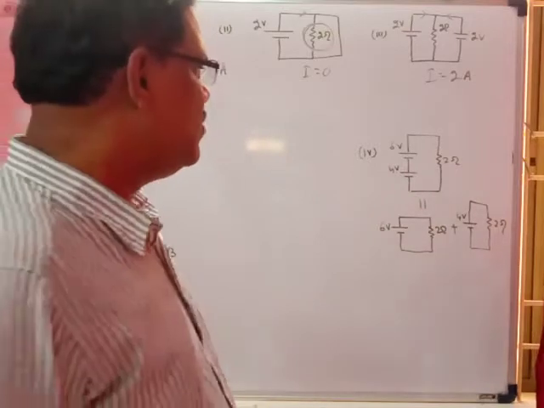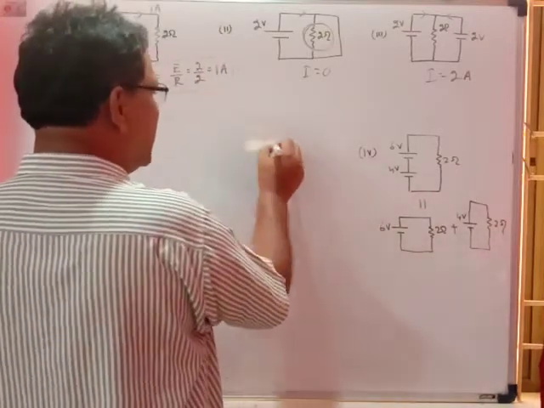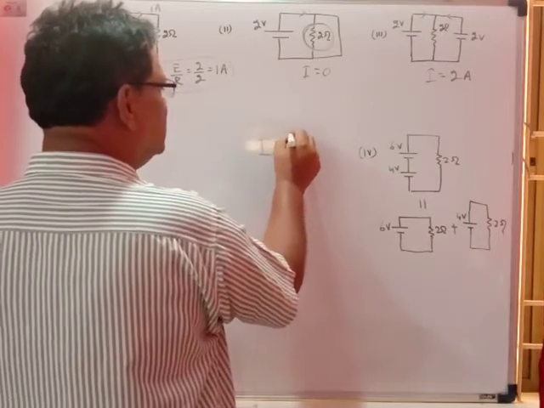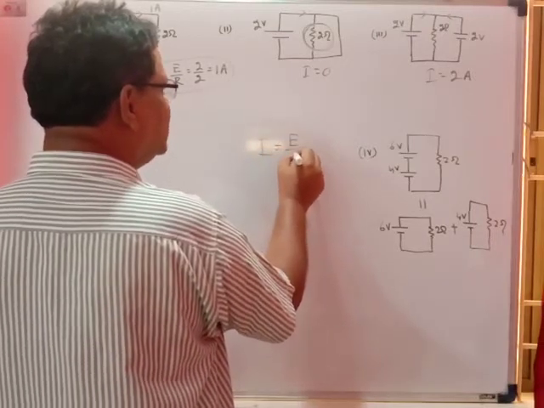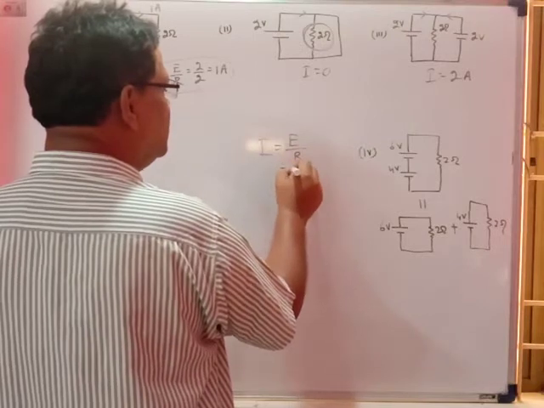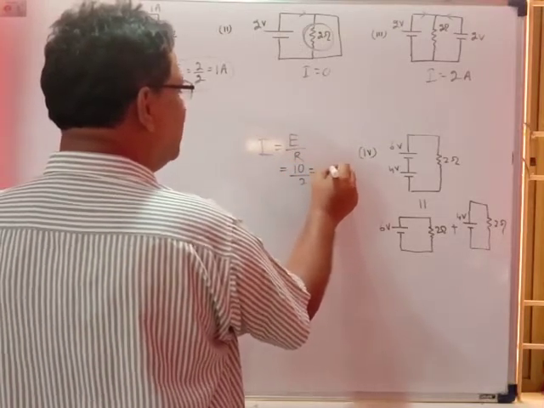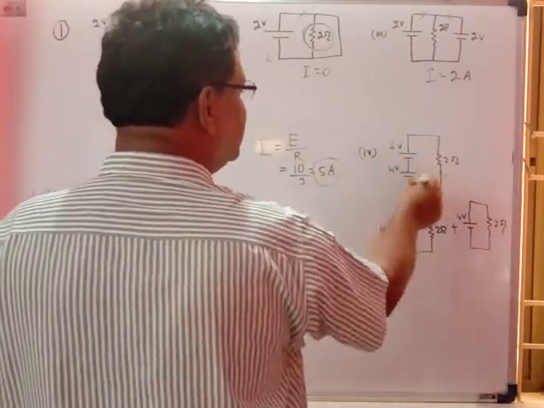So current I equal to net EMF by net resistance, that is 10 volt divided by 2, equal to 5 ampere.